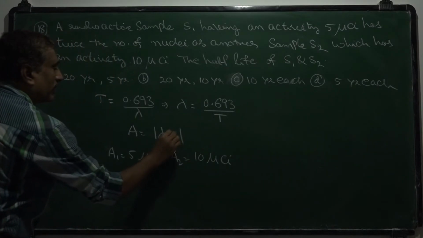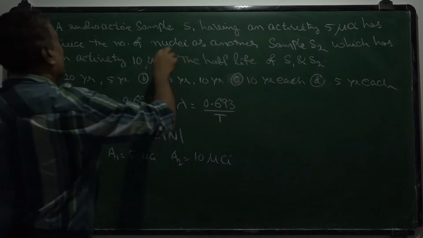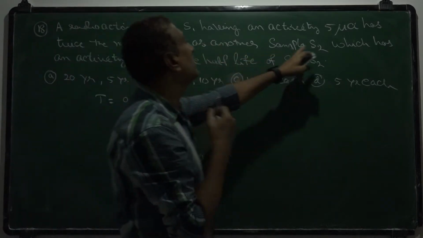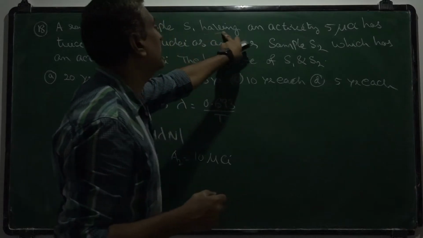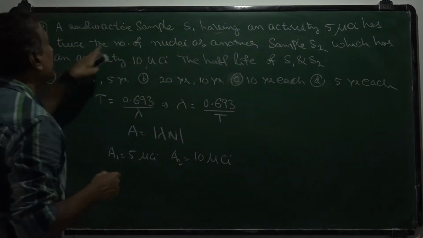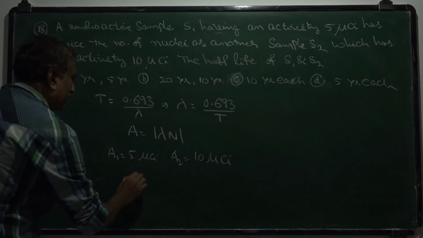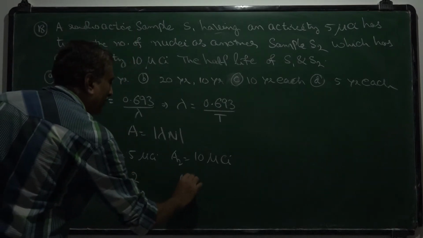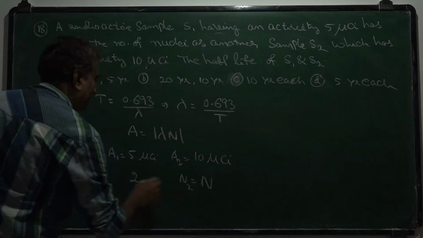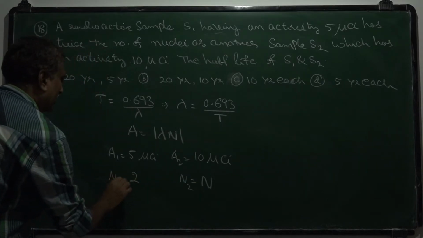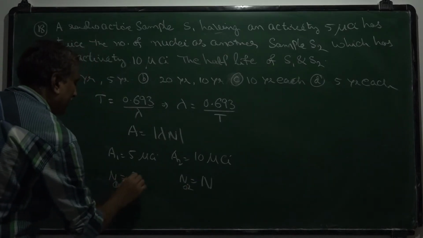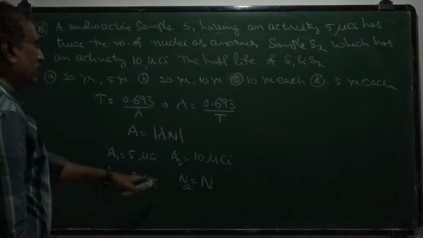And the initial number of atoms: the first sample has twice the number of nuclei as the other sample. So if you take N02 as N, then N01 is 2N.